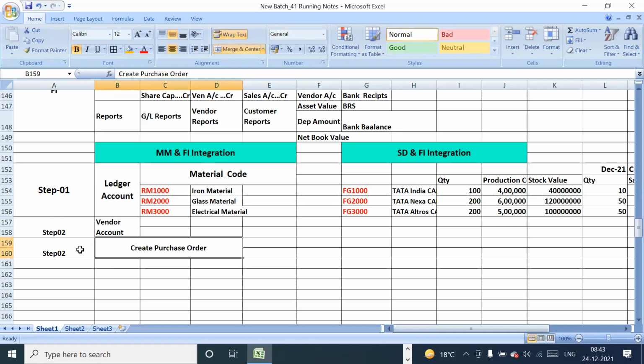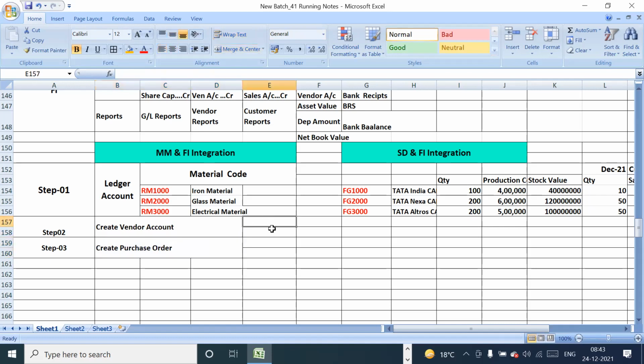we have to raise the purchase order to the vendor. Before that, we do the inquiry, quotation, all those things. Then we confirm the order to a particular vendor. If I want to confirm the order to a particular vendor, what do we need to do? We have to create that vendor code, the vendor account.